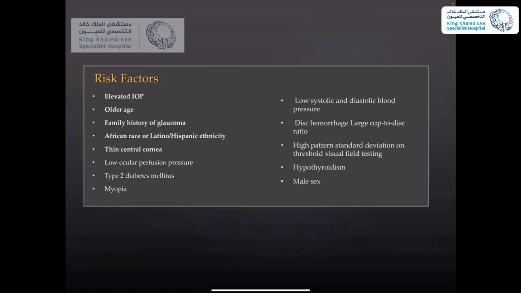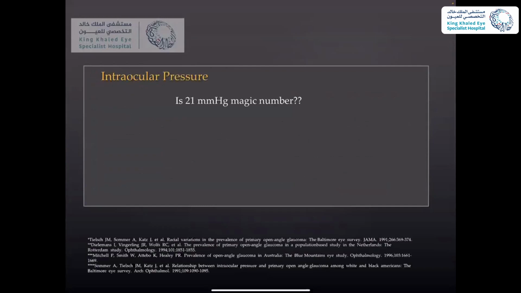Then we'll talk about the risk factors. I will go briefly through the first 5 risk factors, which are the most common or most important for a patient with primary open-angle glaucoma. Now we'll talk about intraocular pressure. Is 21 millimeters of mercury a magic number?